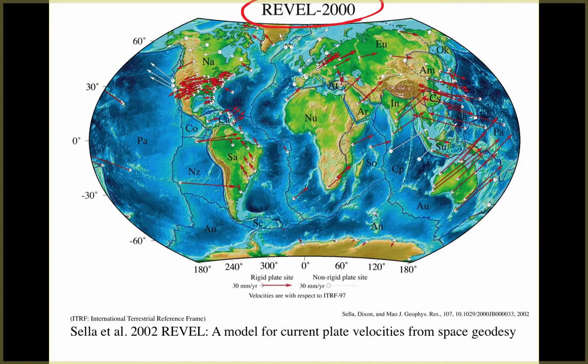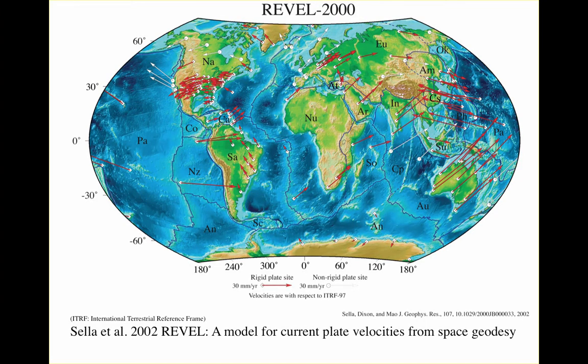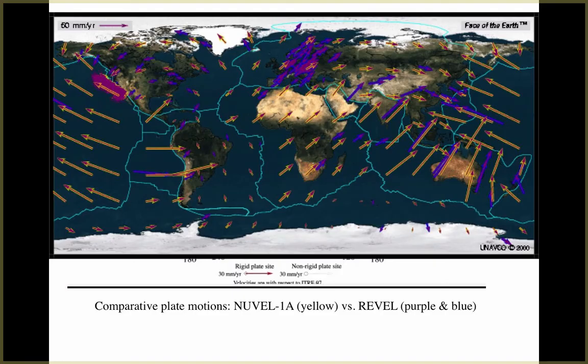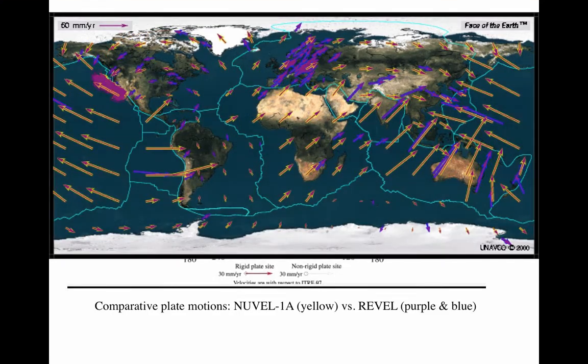Nonetheless, this model is very compatible with the average over the last 3 million years from Nuvel-1A, and shows that by and large, space-based geodesy is capturing the average values over the last few million years. The orange arrows and the blue arrows agree very well, except for the slowest moving plates, such as North America, where there are substantial disagreements because the absolute rates are so slow.